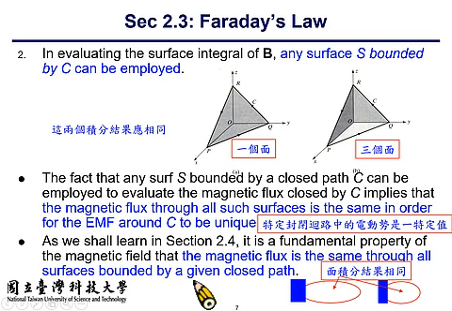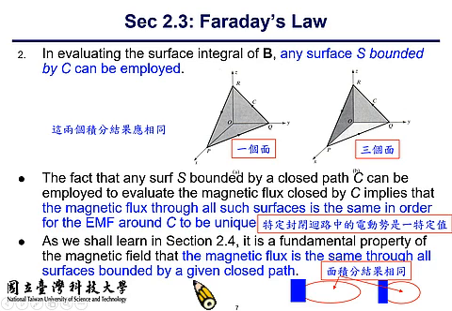The calculation result of the surface to the right is the same as the one to the left. So the magnetic flux through all such surfaces shall be the same in order for the electromotive force around the contour C to be a unique value. In a defined contour, in a defined closed loop, the electromotive force is a unique value.